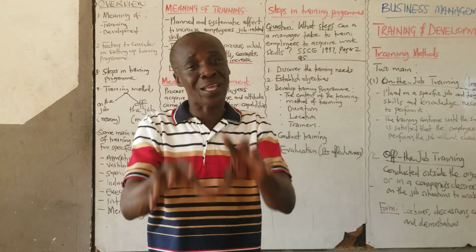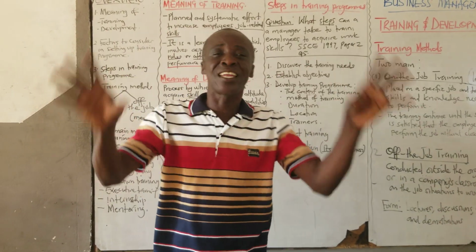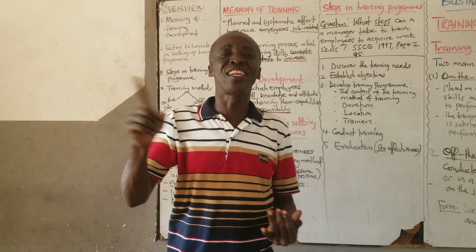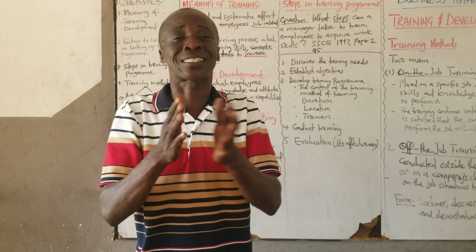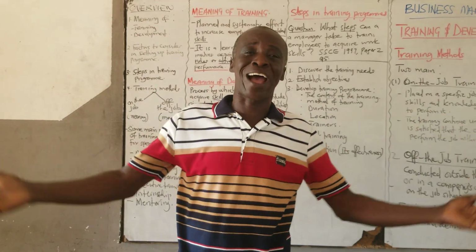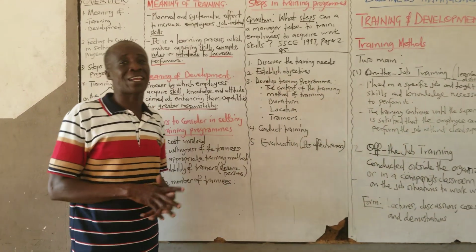So that becomes the person's training need. So before you organize any training, the first thing is, what are the training needs? Mr. A's training needs may be different from that of Mr. B. So what skills, what knowledge, what concept do you want the person to acquire at the end of the training program? So the first thing is to discover that one.